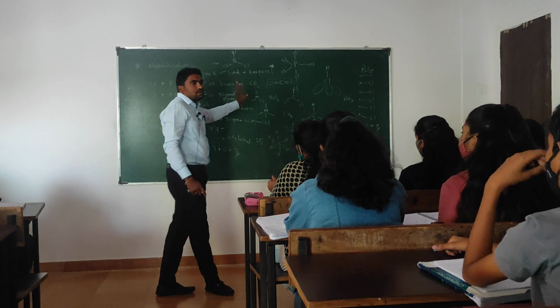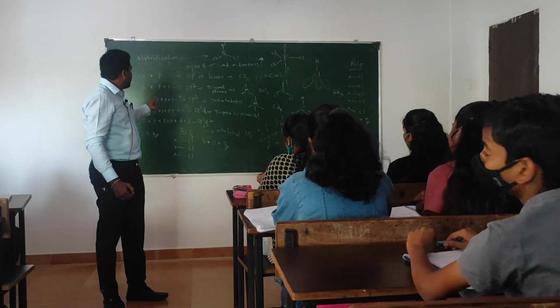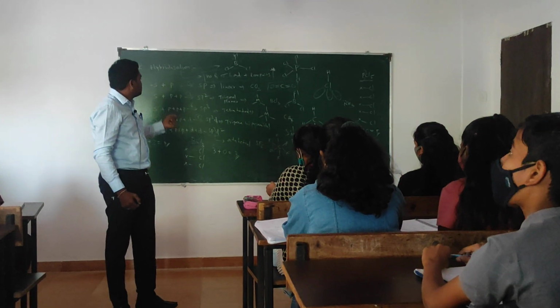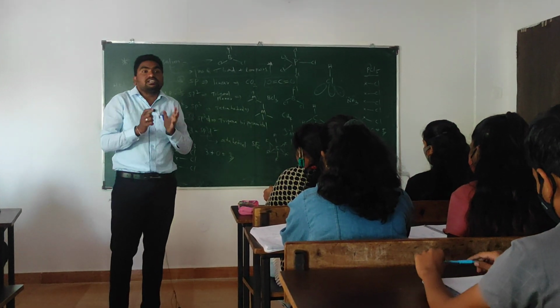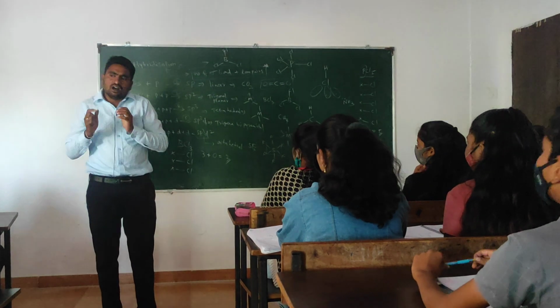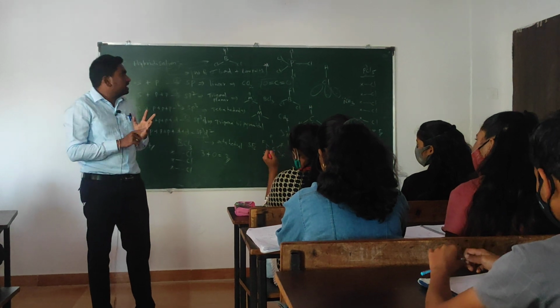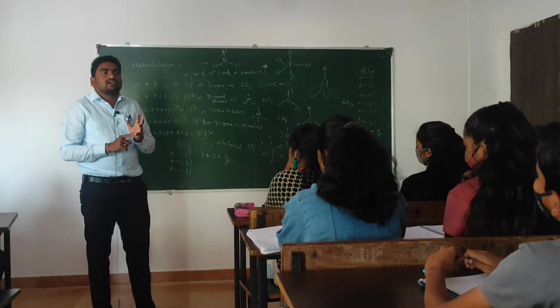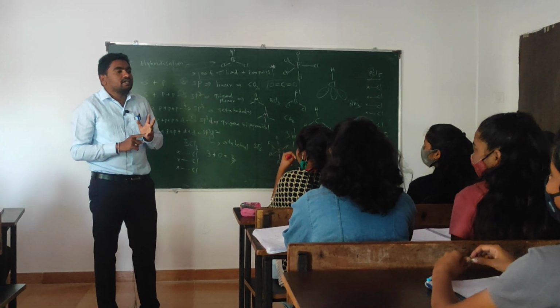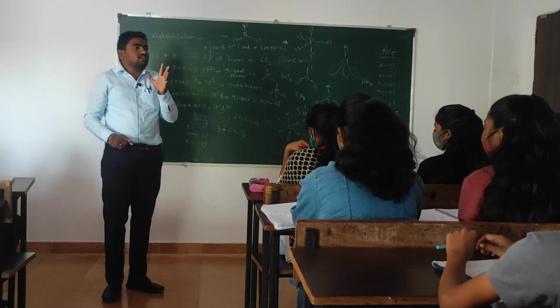After that, what is the structure of sp3d2 hybridization? Octahedral is the structure. And for octahedral, what is the example? SF6. Yes, SF6 is the best example for octahedral structure.